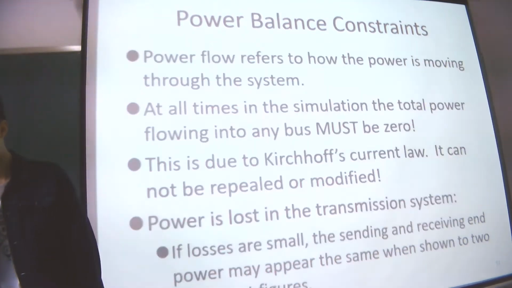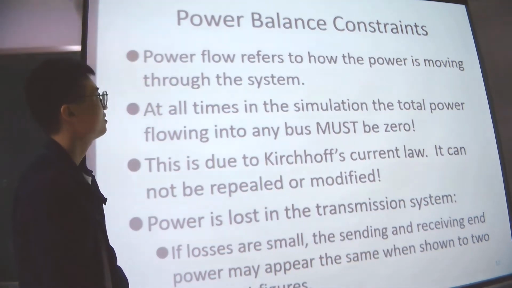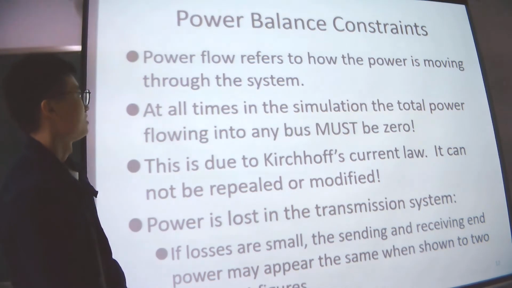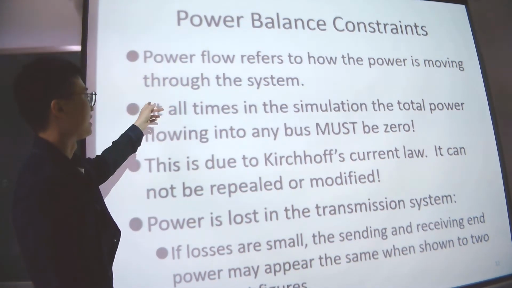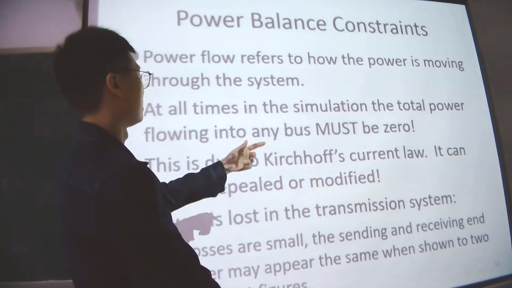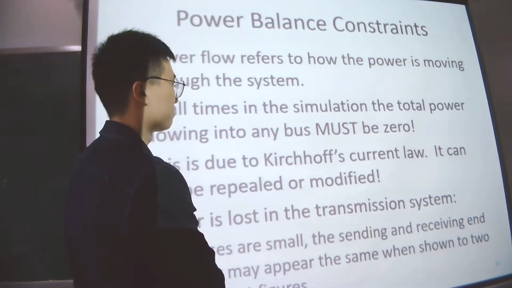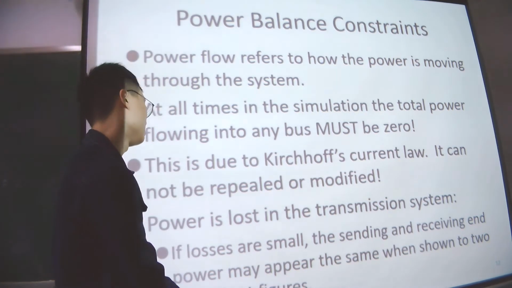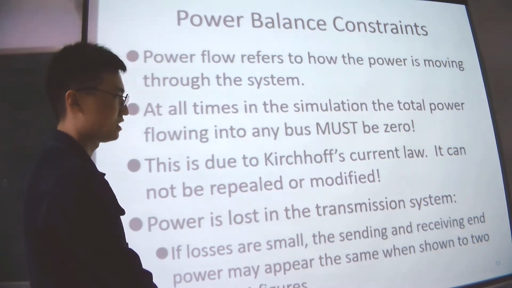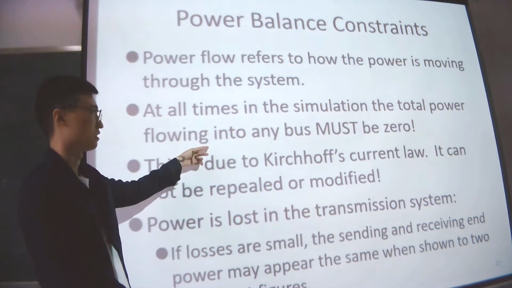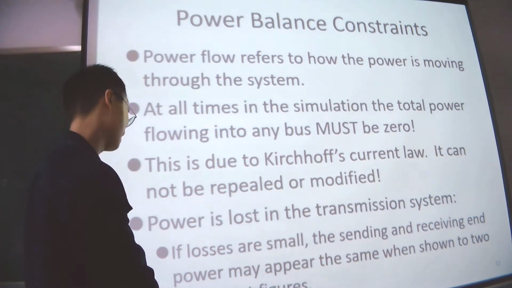So it's pretty easy. The balance constraint, right? The power flow transfer should be obeyed. So the KCL laws should keep the balance at the nodes. Also there will be some loss in the transmission systems, as there is impedance in the transmission line, as in our previous example, right?